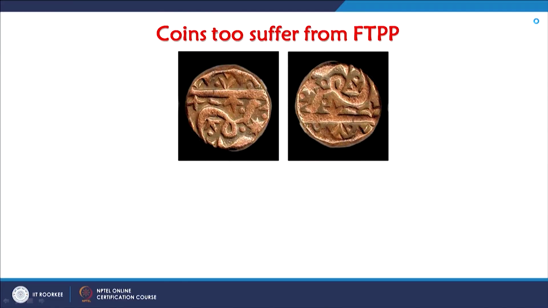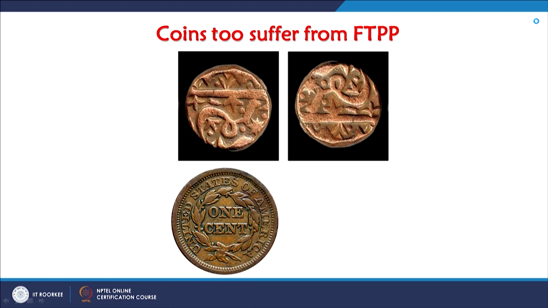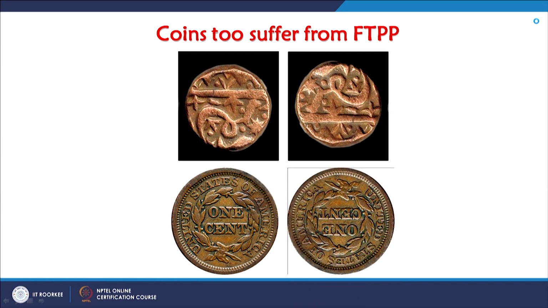I am saying it is not a vertical flip, it is not a horizontal flip, it is a rotation by 180 degrees. If you rotate, see, the same coin looks completely different. It is a mold and cast kind of scenario, suffering from FTPP because of the particular direction which has been used while taking this photograph. And one more example, see here, this is a 1 cent coin of the US, and this is the situation which we see.